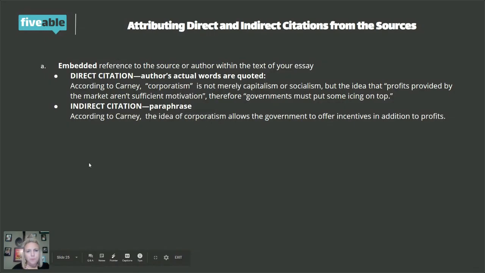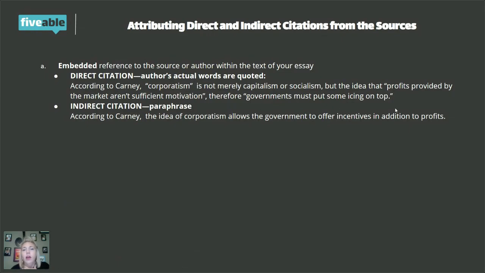Okay. So here's how I would do a direct quotation. This is when an author's actual words are quoted. So according to Carney, corporatism is not merely capitalism or socialism, but the idea that profits provided by the market aren't sufficient motivation. Therefore, governments must put some icing on top.